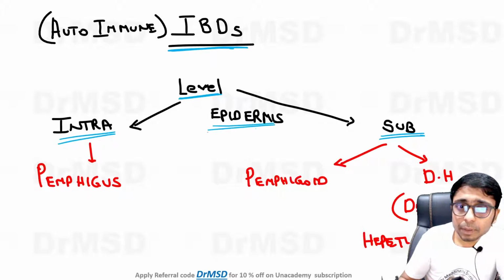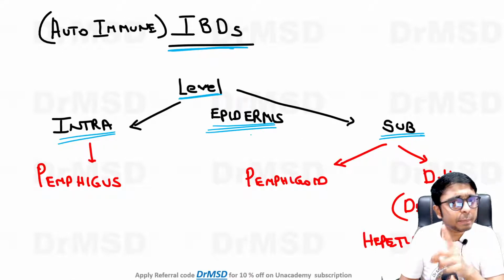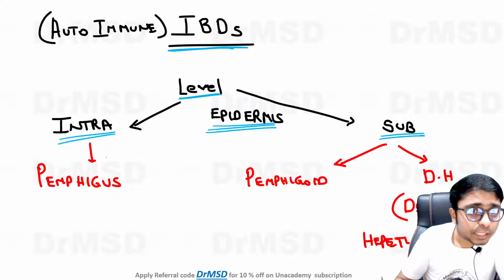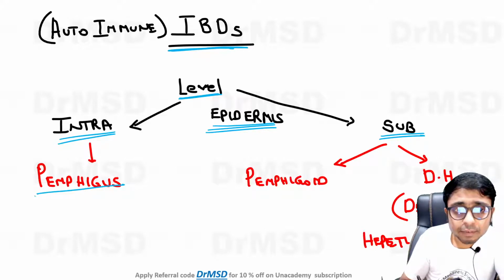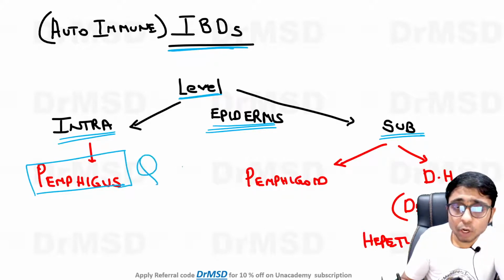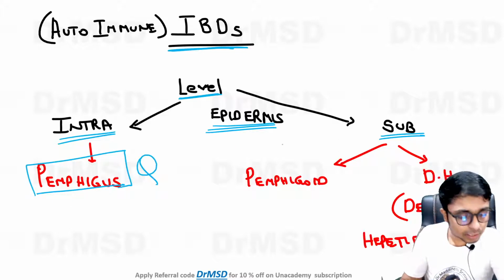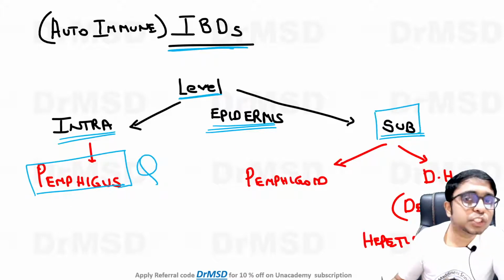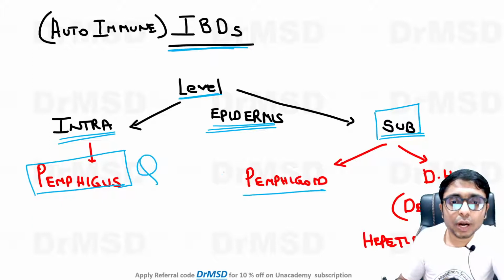Very important to remember: the pemphigus group of disorders belong to the intraepidermal blistering disorders, and in the subepidermal blistering disorders we have bullous pemphigoid and dermatitis herpetiformis, which are very, very important.